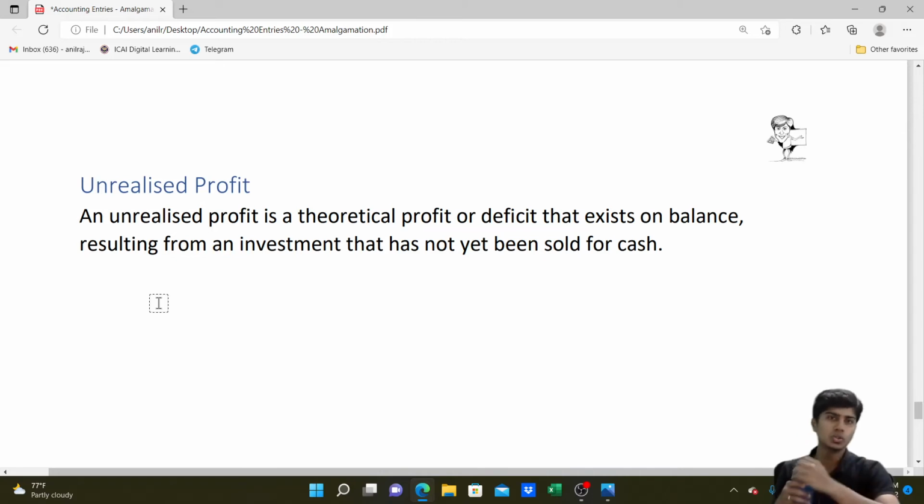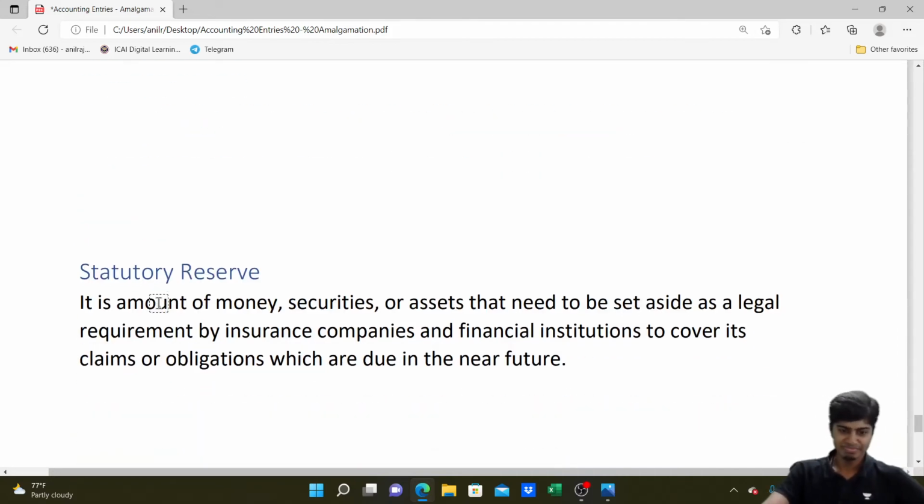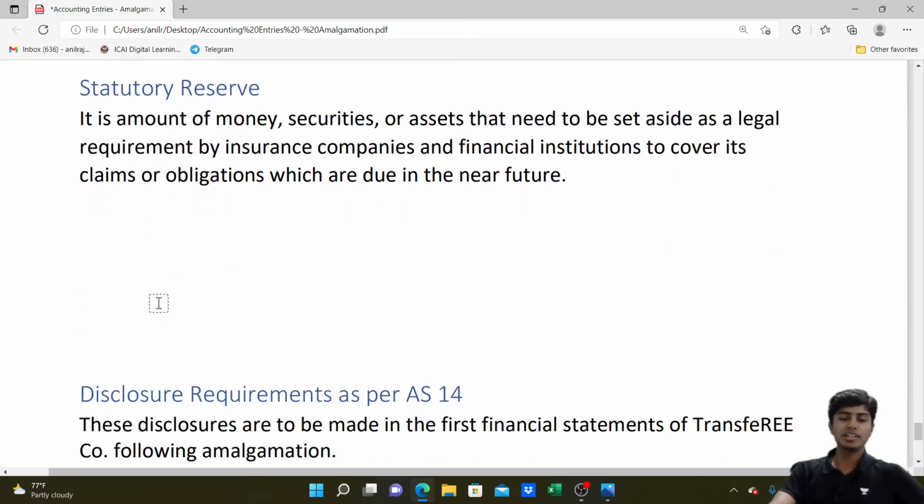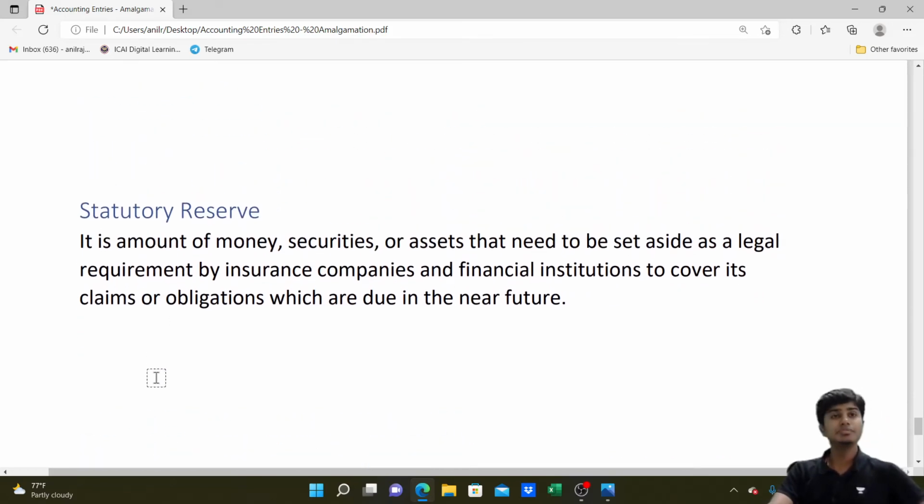One has sold the goods to the other, but it is not sold by that party to outside. What we have after that is statutory reserve. It is the amount of money, securities or assets that need to be set aside as a legal requirement by insurance companies or financial institutions or by statute also.